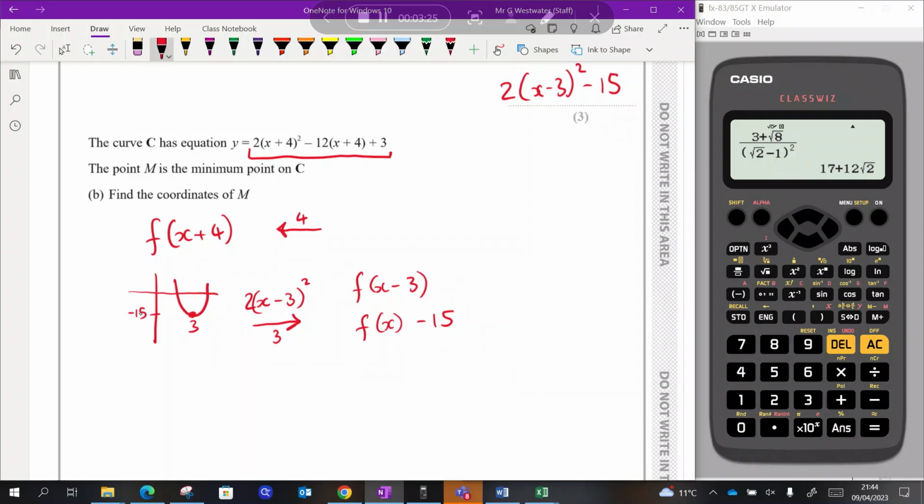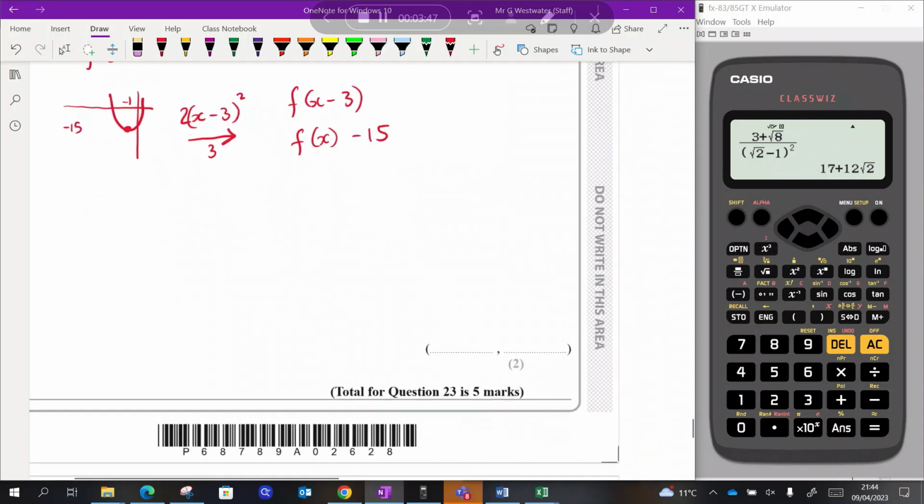Meaning that if I think that this is what I've started off at, I've then applied the transformation of x plus 4 to this, so it's shifted 4 to the left. This will now be at not 3, but minus 1. Okay? It will have moved 4 to the left, and our minimum will be at minus 1, minus 15. Okay?